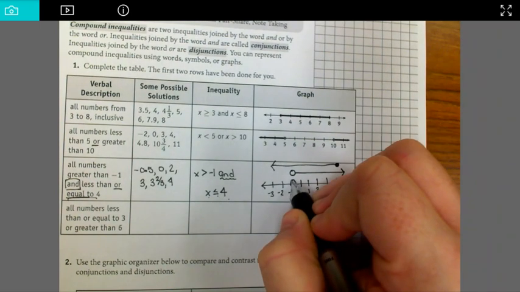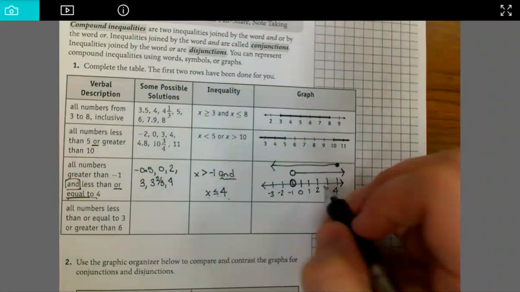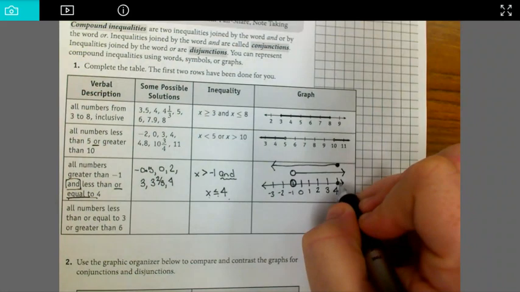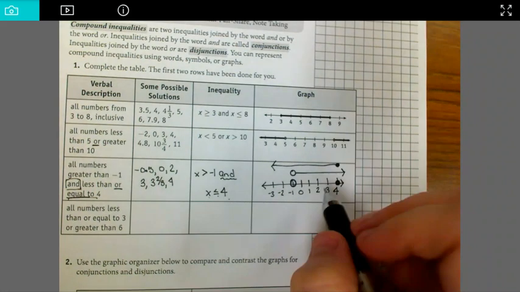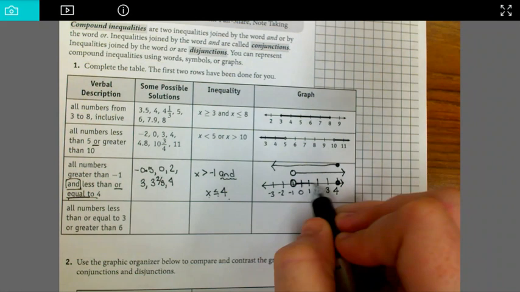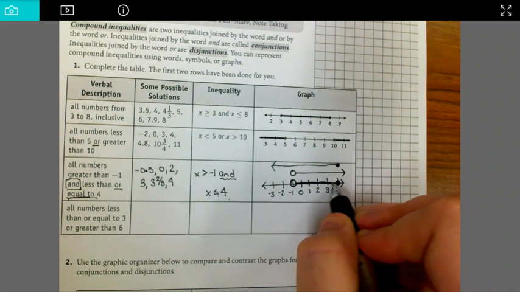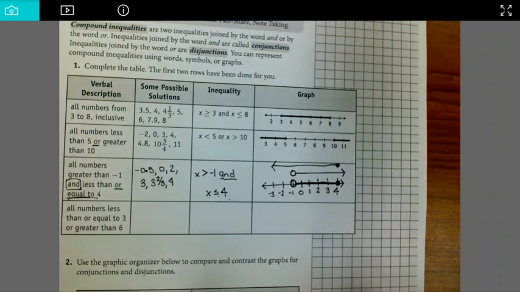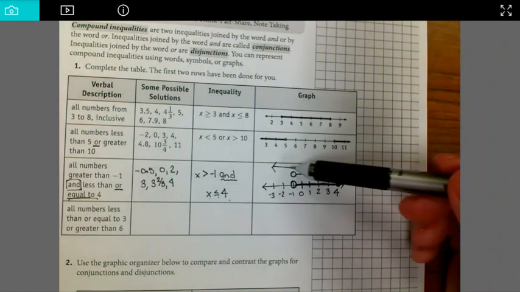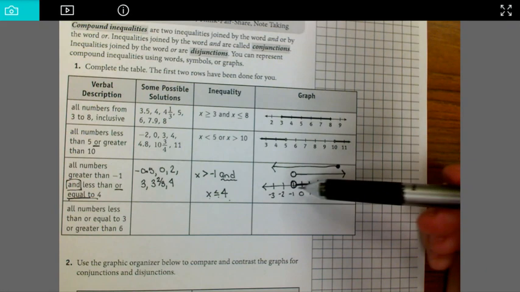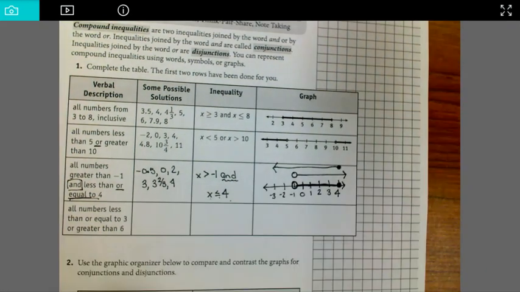So I would have an open circle at -1, a closed circle at 4, and everything in between. So just the sections that overlap is what goes on my final picture here.